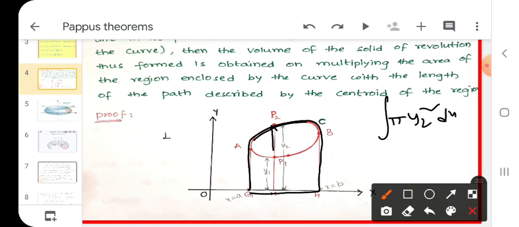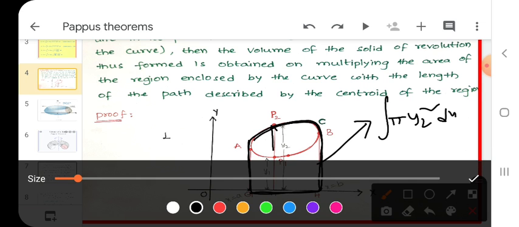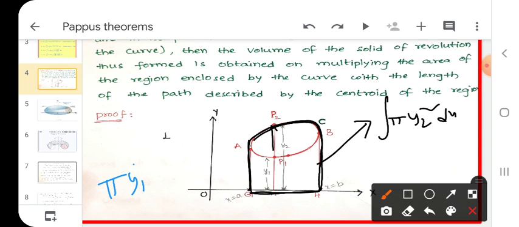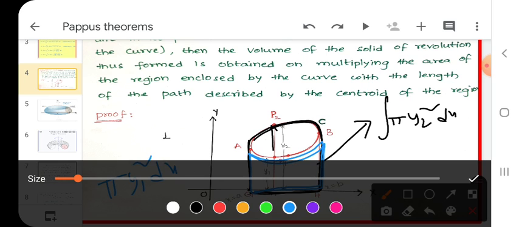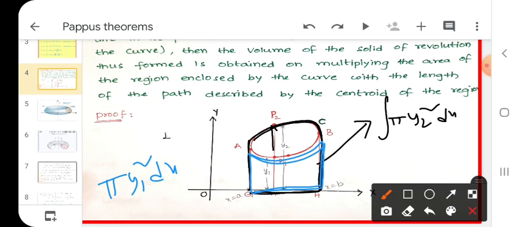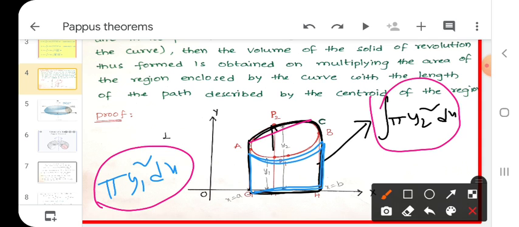This, from the curve to this axis, pi y2 square dx is equal to the total volume. And if we write pi y1 square dx, we get the volume below the curve. But we want only the curve volume, so I subtract this below-curve volume from the total volume, and we get the volume of this closed curve.